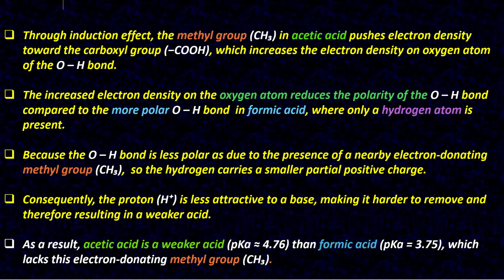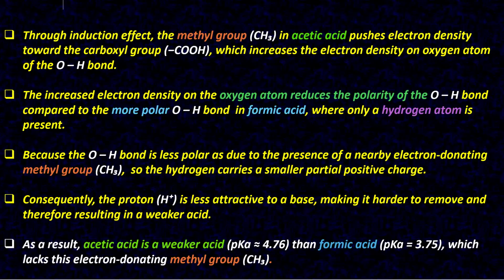Through the induction effect, the methyl group CH3 in acetic acid pushes electron density toward the carboxyl group COOH, which increases the electron density on the oxygen atom of the OH bond.